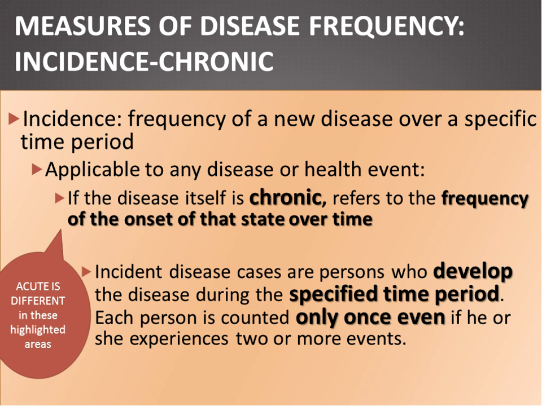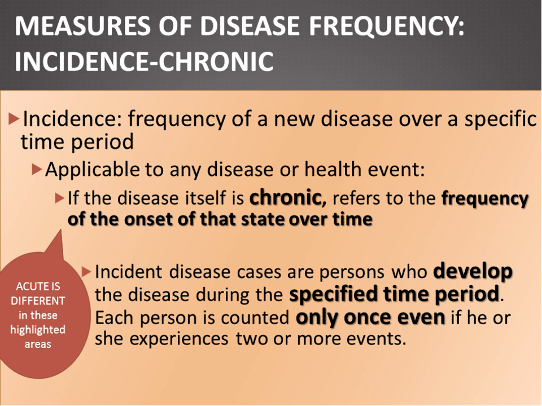Or if it's chronic and it takes a while for a disease to develop over a specific time period, each person is only counted once. So with an acute disease, you have a short time period in which the disease develops. If people get it multiple times, we count them multiple times.